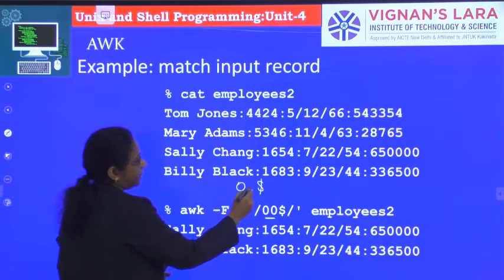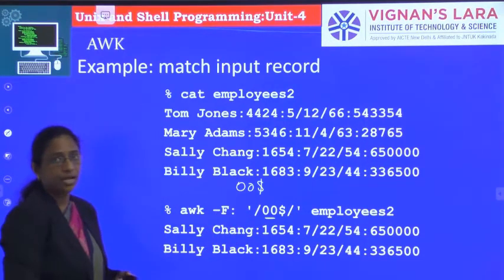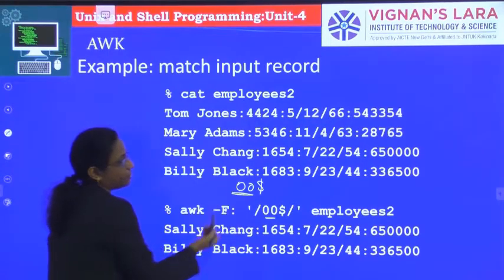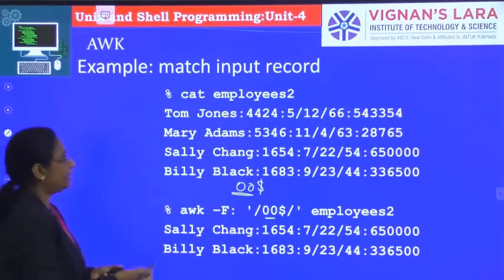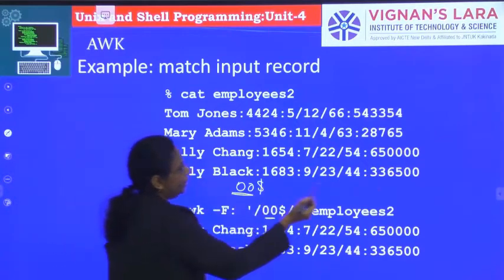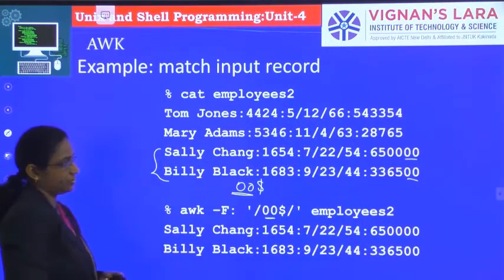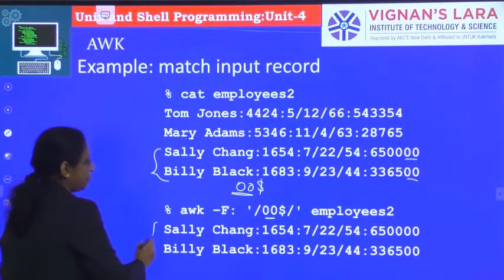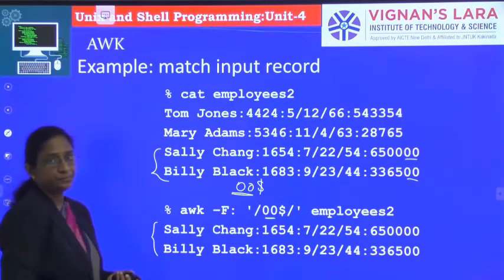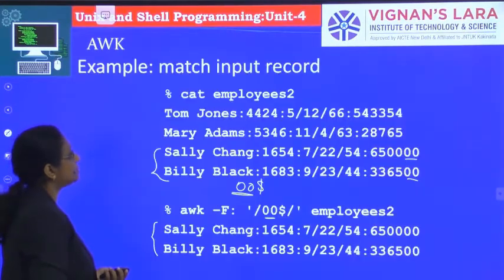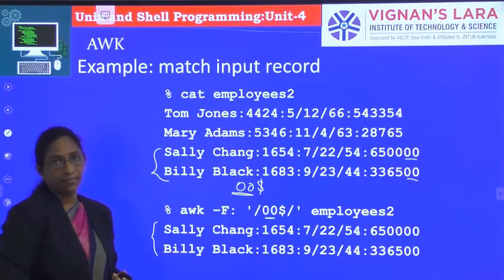We are searching for the lines that end with the pattern 00. See here, these two are the lines ending with the pattern 00, so these two lines are displayed. That is another example of the pattern matching we can do in the awk command.